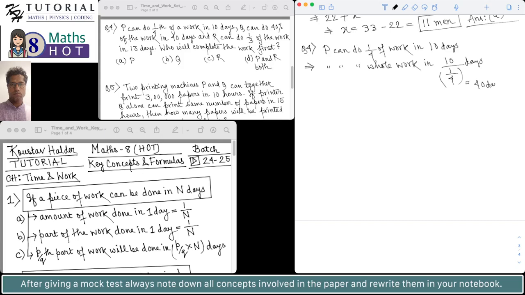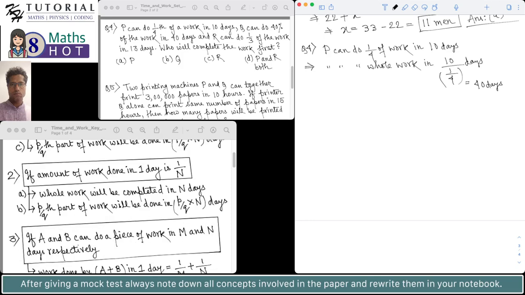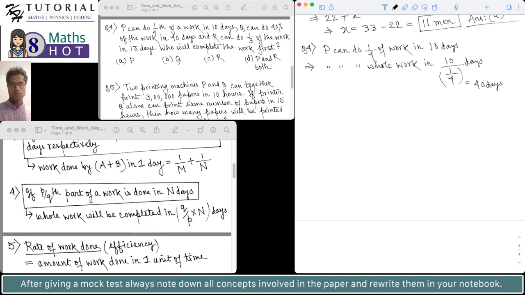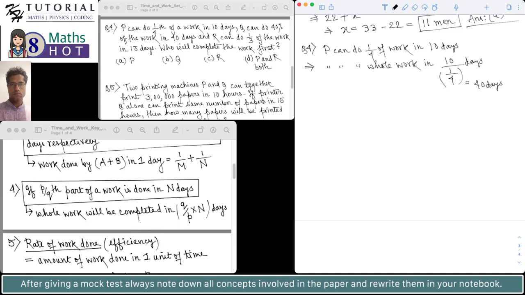Now why am I doing 10 by 1 by 4? There is a concept, concept number 4: if P by Qth part of a work is done in n days, then the whole work will be completed in Q by P into n days.